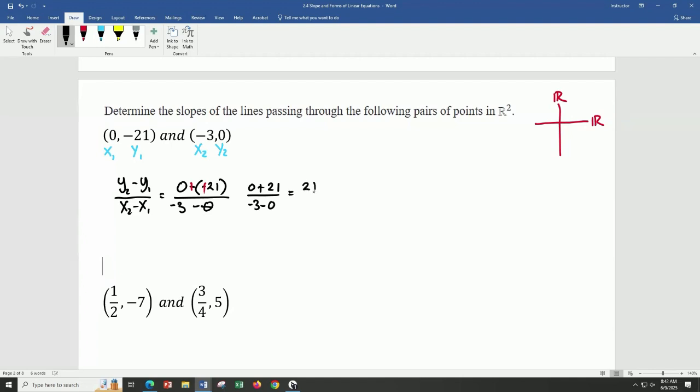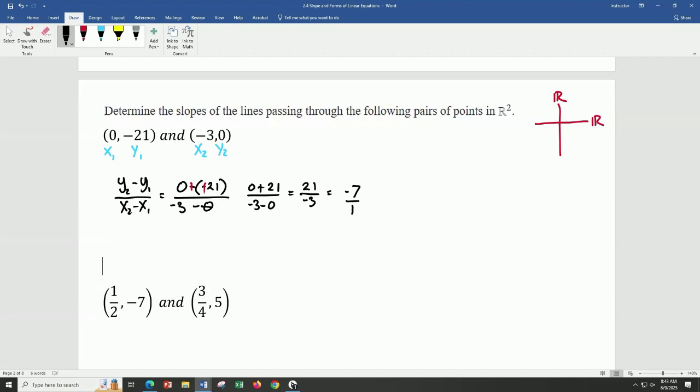That ends up being 21 divided by negative 3, which in essence would be a technical slope. You could actually use that slope, but you're going to get a blue bar because it's going to say, hey, you didn't simplify it. And I'm going to take off a point on your midterm because you didn't simplify it. So 21 divided by negative 3 is going to end up being negative 7. While that is a slope, remember, slopes are always over 1 if they look just like a regular whole number.